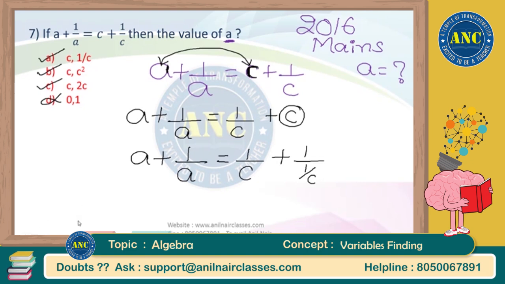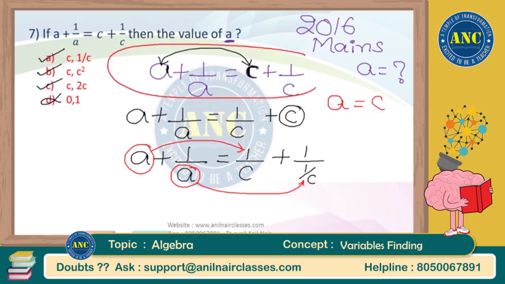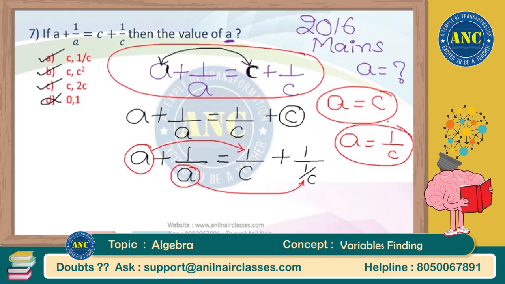Now over, answer over. In place of A by comparison, you have 1 by C. Similarly, in place of A in the denominator you have 1 by C. That means one of the values of A is C just by direct comparison. Another value of A is 1 by C. Just by a little bit of extra modification we got another value of A. That means answer should be option A. It cannot be B, it cannot be option C also.